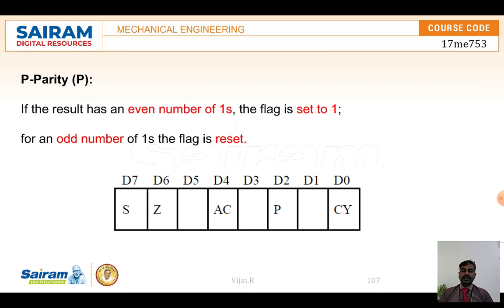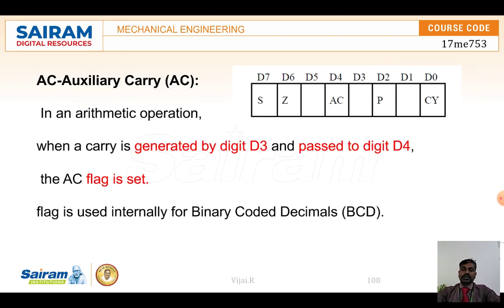In parity, whether it is 1 or 0, we come to know about the result, how the ones are coming out. Always all the information is transferred in the form of binaries only, right?